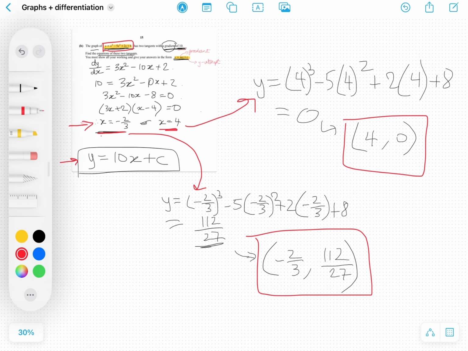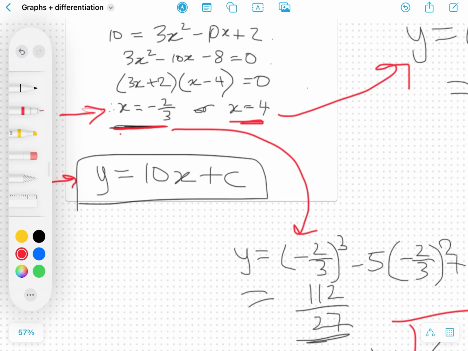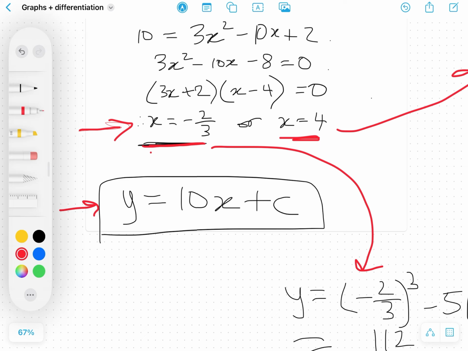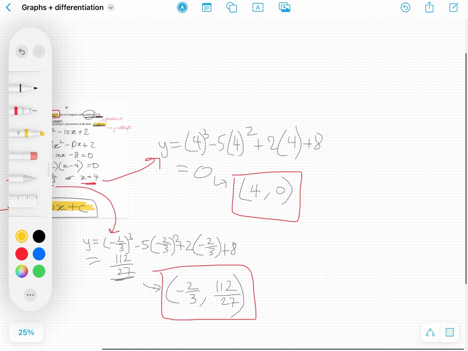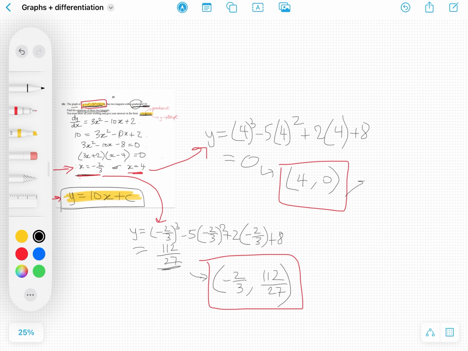So now that we know that, we can use our y equals 10x plus c to find the y-intercept c. Let's do it for this one first. All we have to do is substitute in the respective values of x and y into the equation to find out what c is.